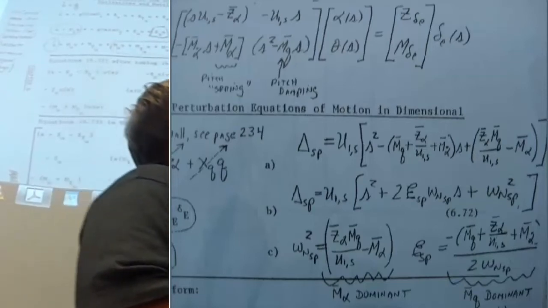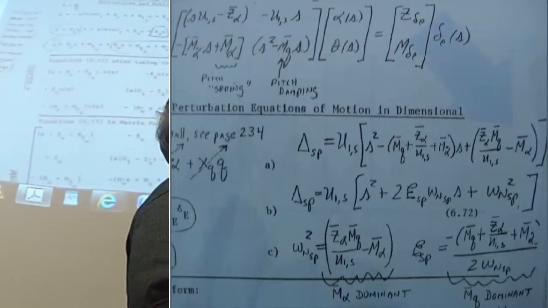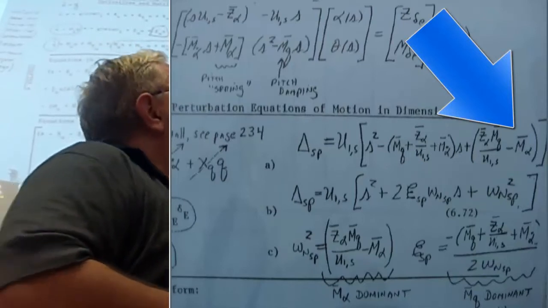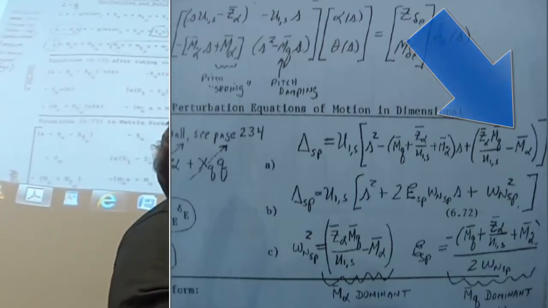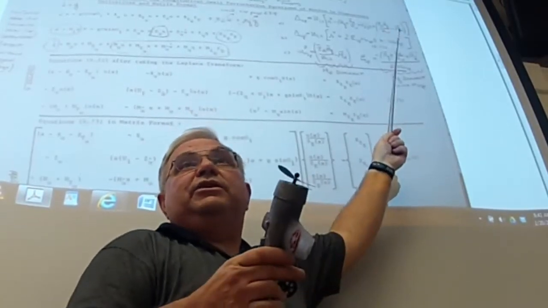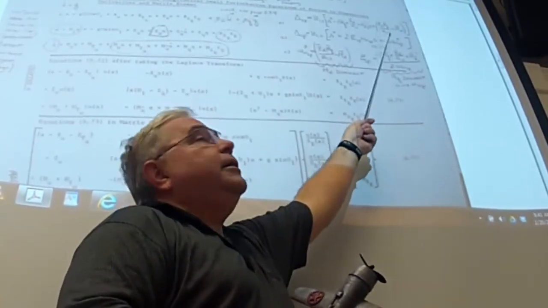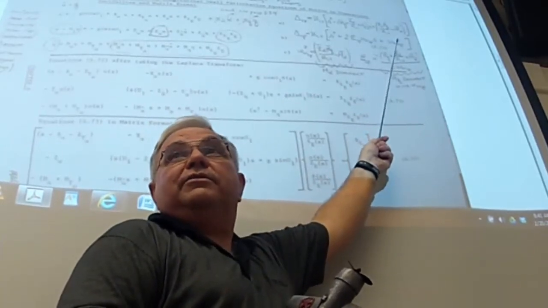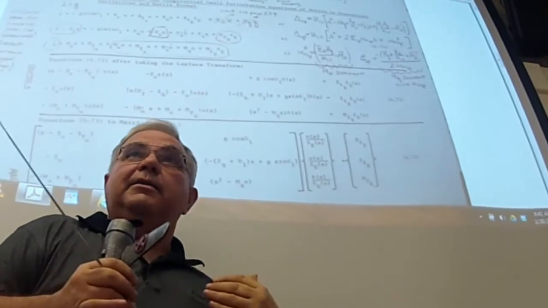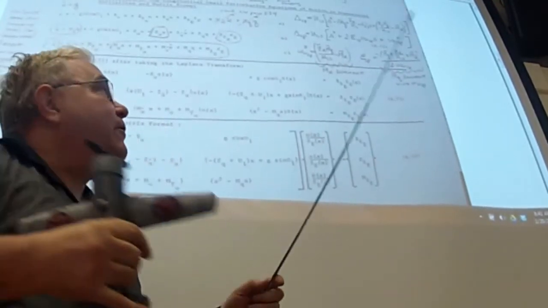Or you could talk about the center of gravity effect on M alpha. That's the longitudinal static stability derivative. What is the center of gravity effect on the natural frequency of the short period? Do you see that? If I move the CG forward, I'll have too fast a frequency. I'll oscillate faster. So you get enormous insight into what these things are doing from your design.